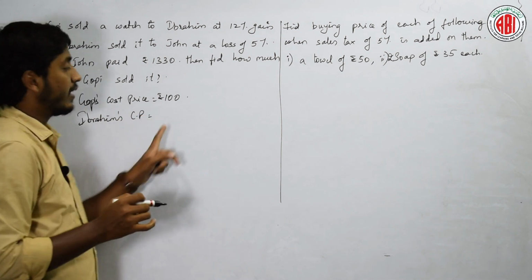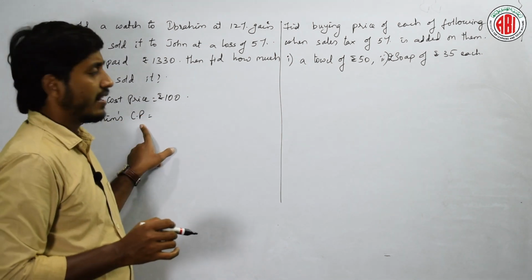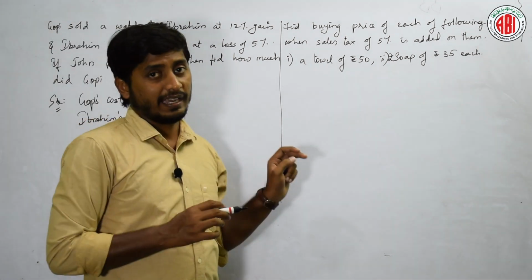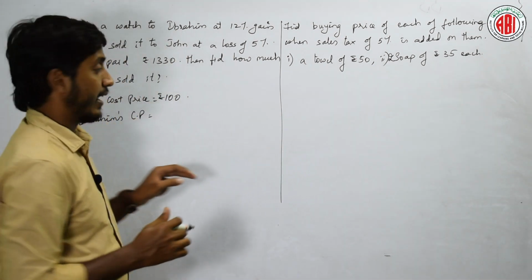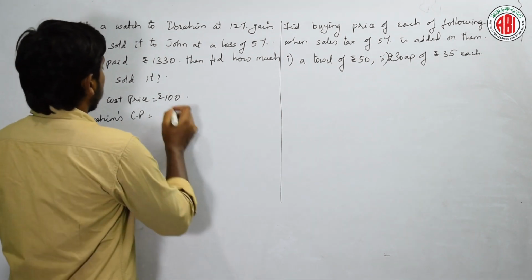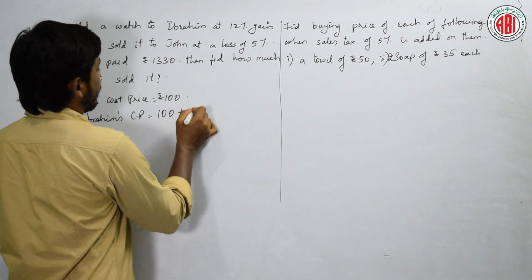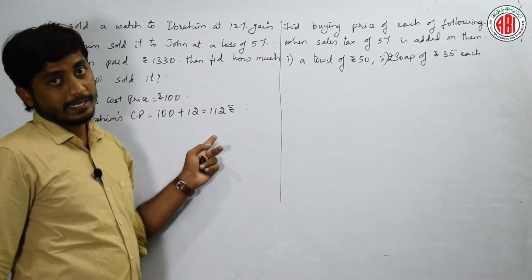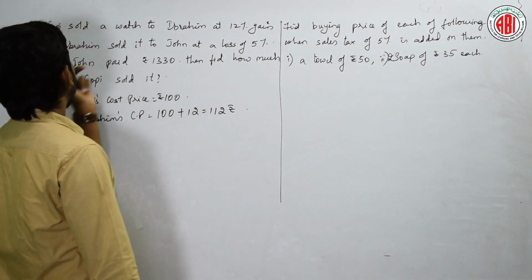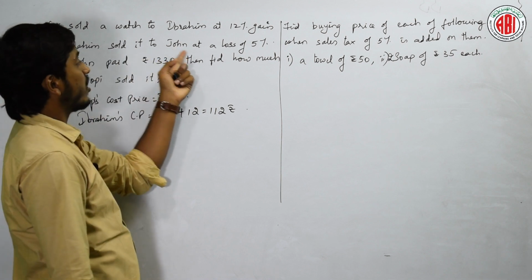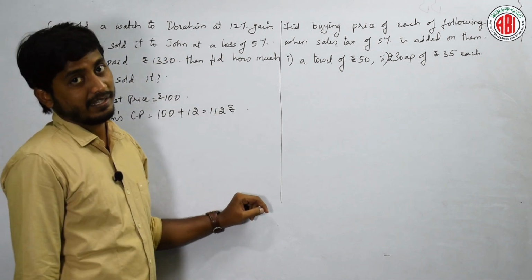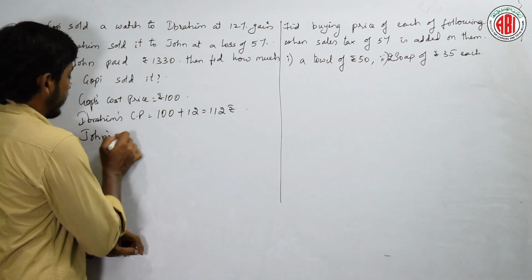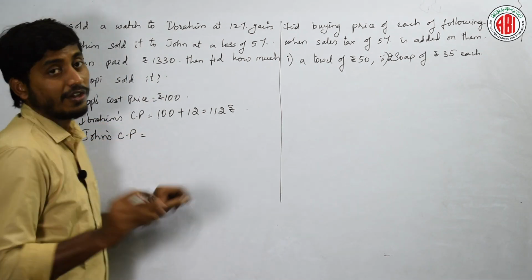This is nothing but SP, that is CP into, based on the profit we will calculate it. How do we calculate? That is 100 plus 12%, that is 12 rupees, that is 112 rupees, isn't it? Then we have to find John's cost price at a loss of 5%, that is, John's cost price at a loss of 5 rupees.